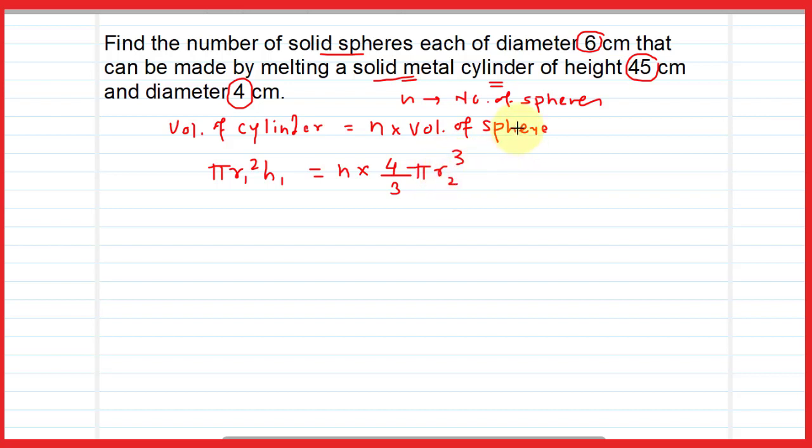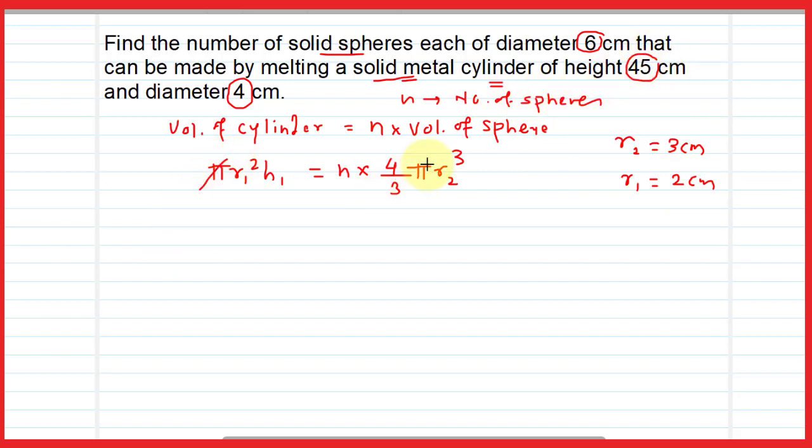R2 is the radius of the sphere. Now here the diameter of the sphere is given as 6 cm, and so the radius of the sphere will be half of the diameter, that is 3 cm. So R2 will be equal to 3 cm, and it is given that the diameter of the cylinder is 4 cm. So R1, the radius, will be 2 cm and height is 45 cm.